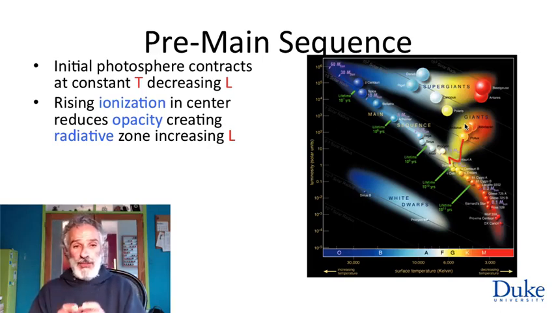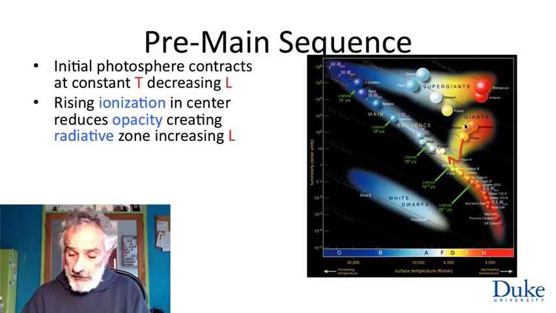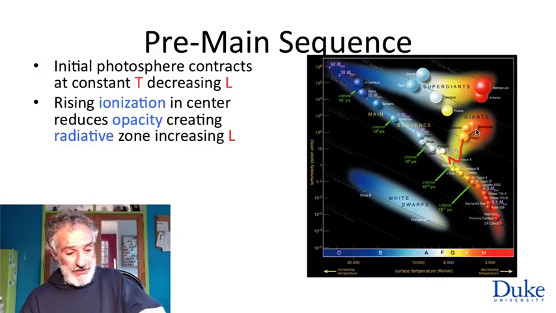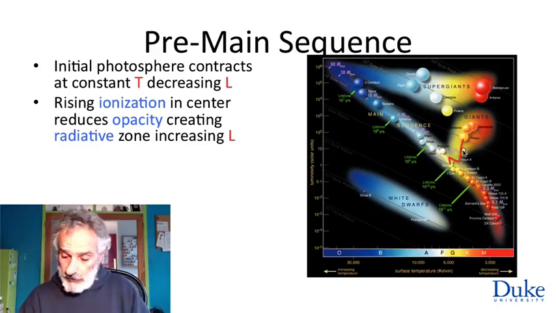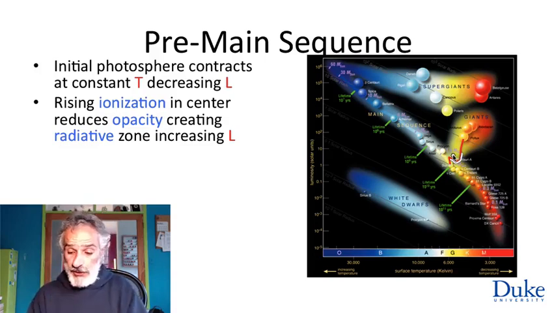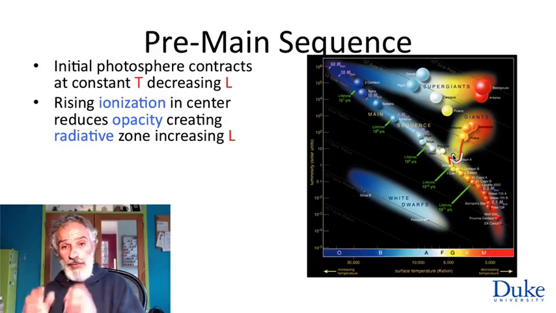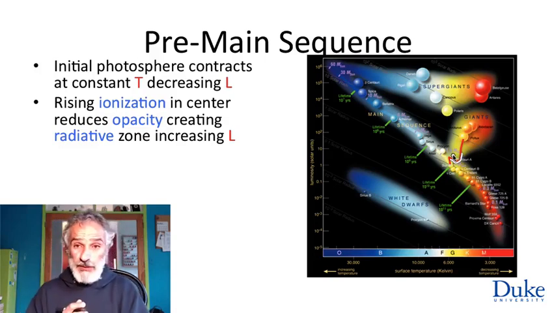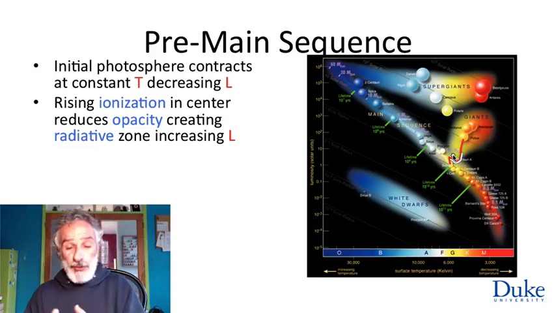This makes the efficiency of transporting heat out of the core into the envelope higher, and that increases the luminosity, and that is this knee in the track that we see around here. This is this increased ionization, and this continues to proceed until temperatures and densities in the core are such that hydrogen fusion starts.